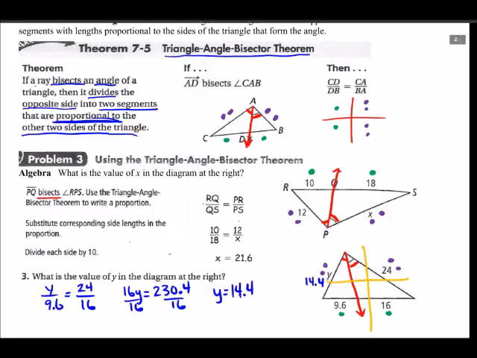And then we have the corollary to our side splitter theorem, which has multiple parallel lines, and the transversals have proportional segments. And then we have our triangle bisector theorem, which does exactly what it says. A triangle with an angle that's bisected, and the pieces are then proportional to each other. So these are just special cases of things we've already been doing that makes life a lot easier.